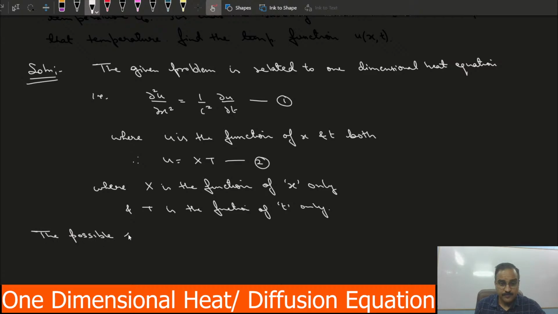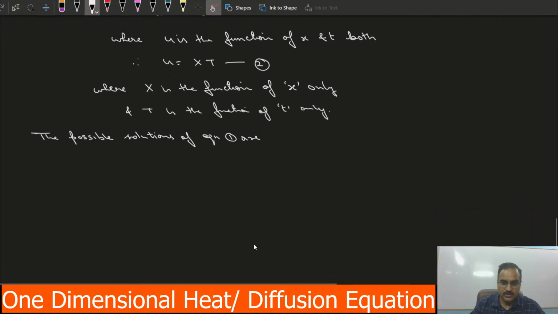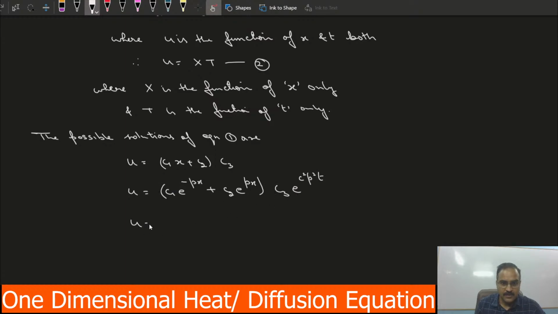The possible solutions of equation 1 are, you need to mention all the three solutions. u = (c1x + c2)c3. u = (c1 e^(-px) + c2 e^(px)) c3 e^(c²p²t), and u = (c1 cos px + c2 sin px) c3 e^(-c²p²t).